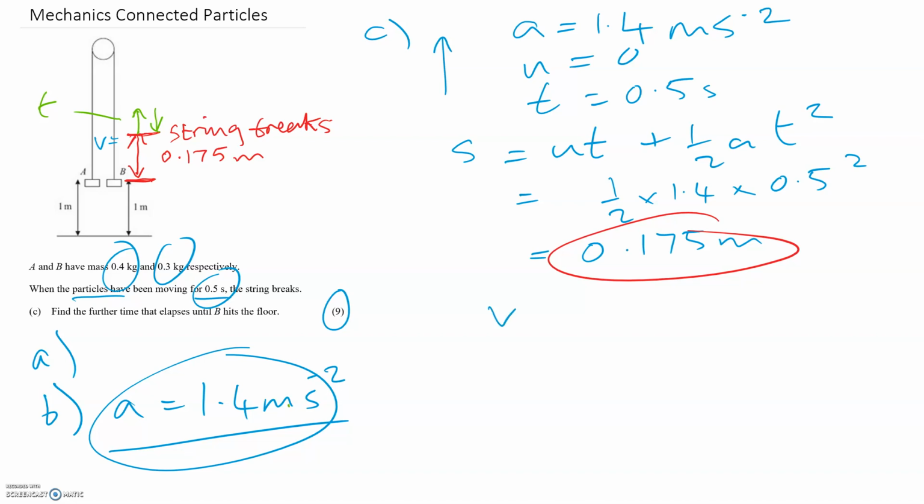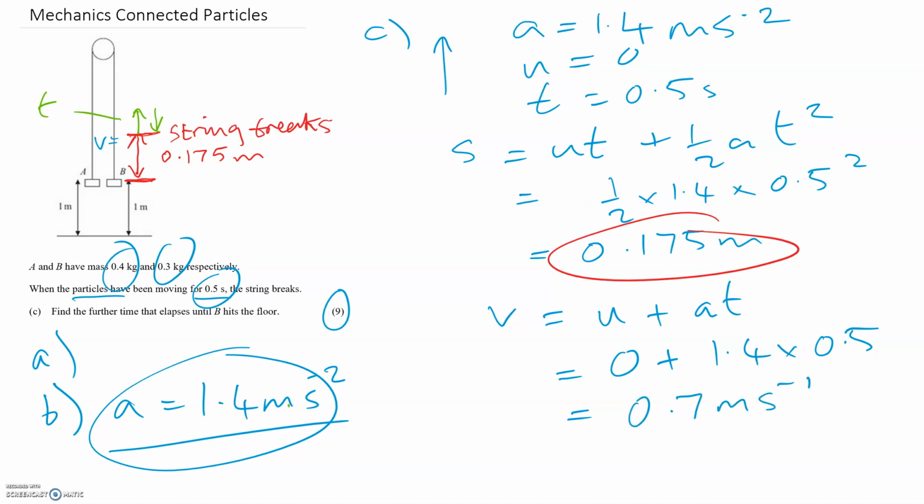So before the string breaks, the velocity is U plus AT. It's released from rest, so we've got 1.4 times 0.5. And so before the string breaks, its velocity is 0.7 meters per second. Okay.